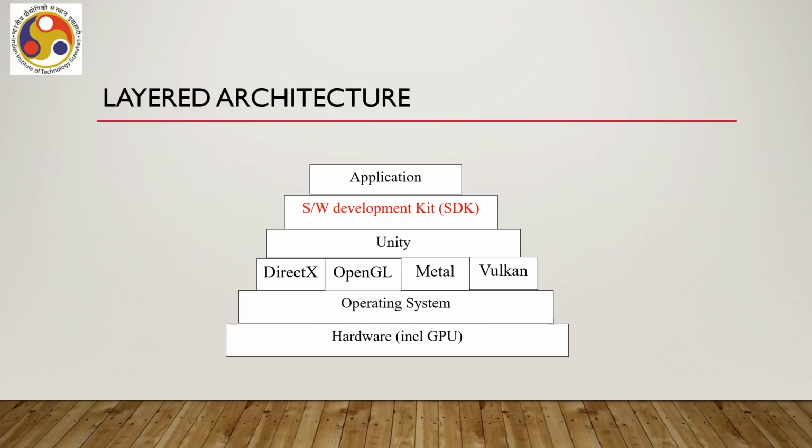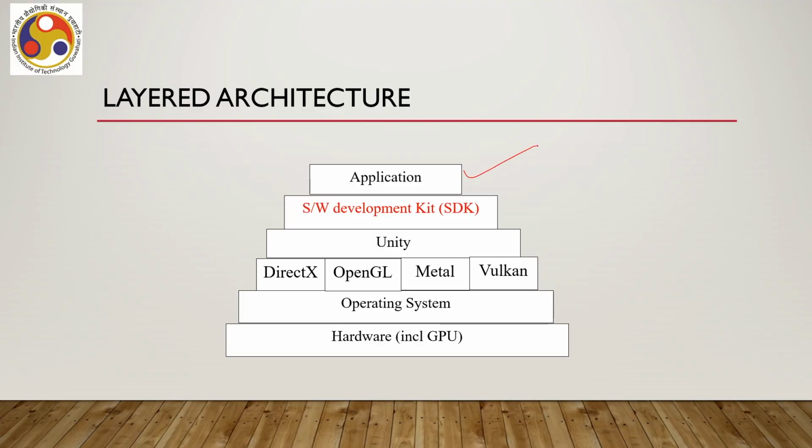This can be better understood in terms of the layered architecture that we have seen earlier. At the top layer there is the application, then we talked about the Unity layer, and earlier we said that there is this SDK layer on top. So far we assumed that this layer is nothing but a part of the Unity package which gets installed, and we are using those APIs.